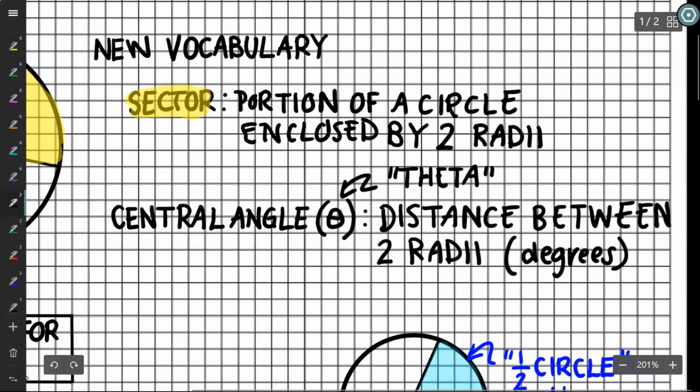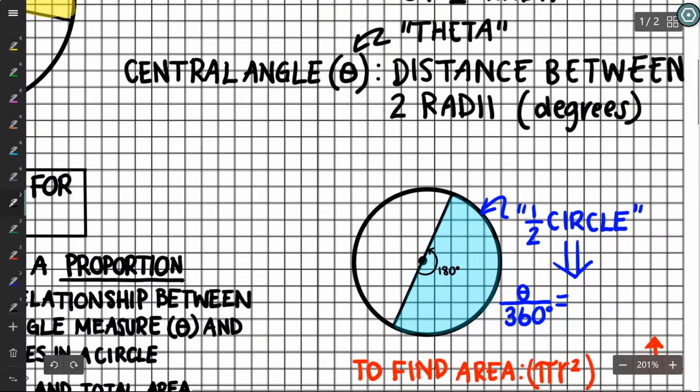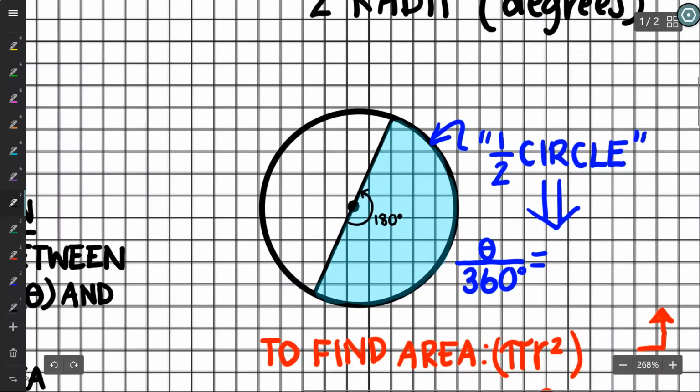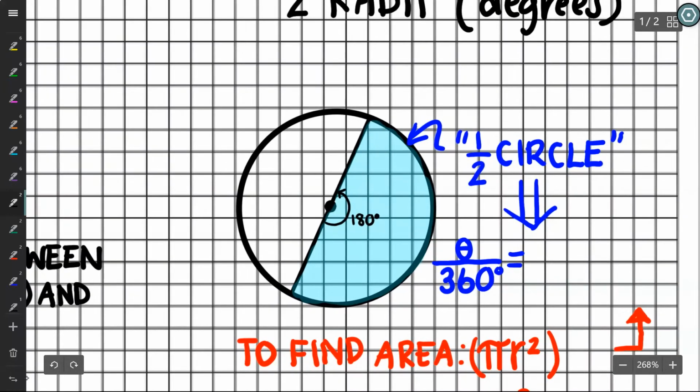Alright, before we do that, I want us to look at this half circle. So when I have half of something, it just means that I am dividing by 2. Alright, so that's all that half means.